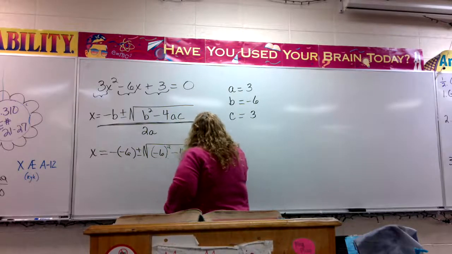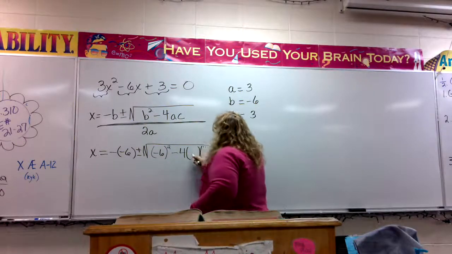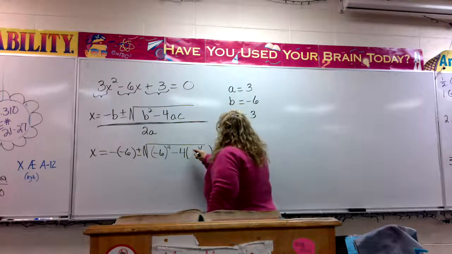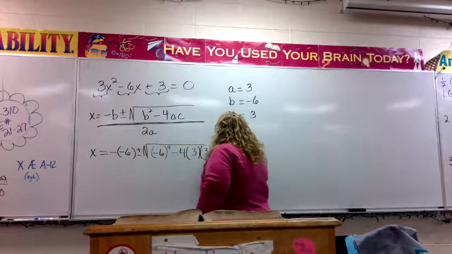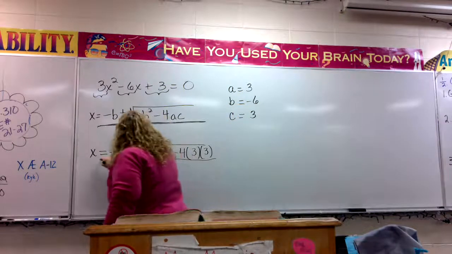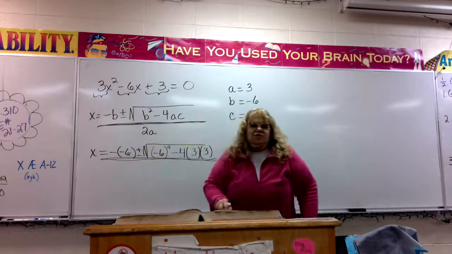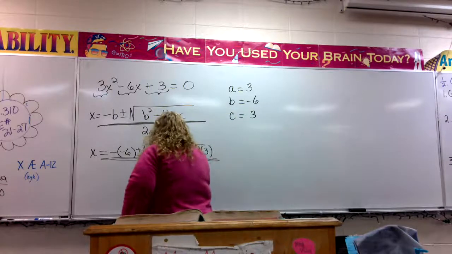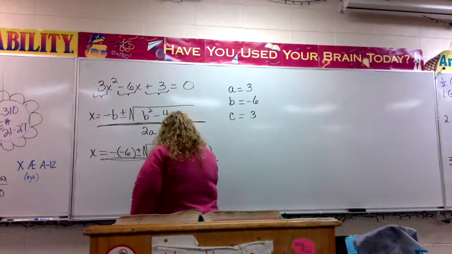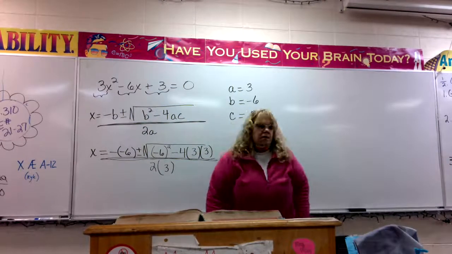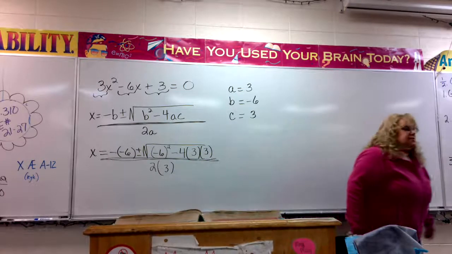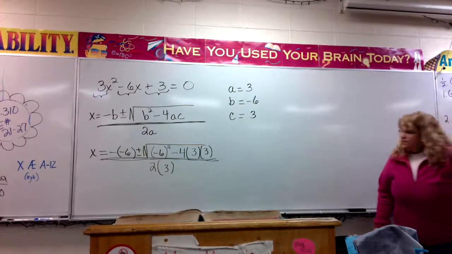Minus 4ac. What's a? 3. What's c? 3. All over 2a, but what is a? 3. So I got the numbers all plugged in there. Now you got to simplify it.